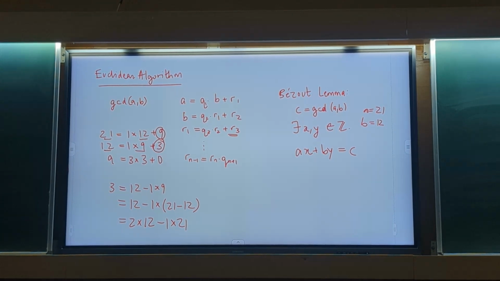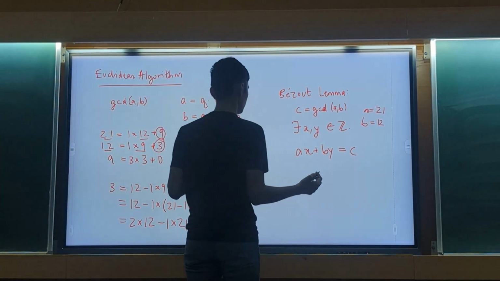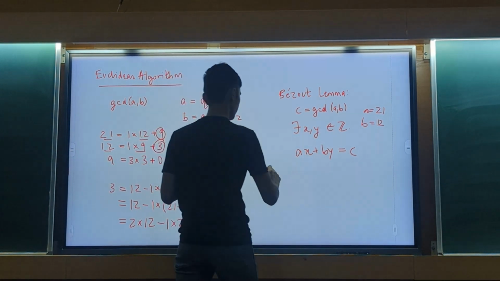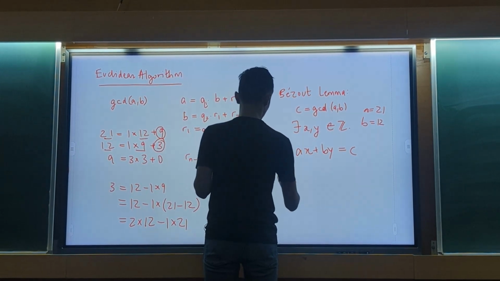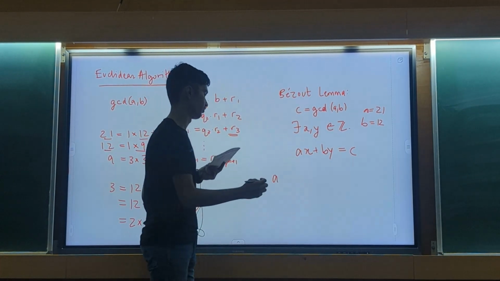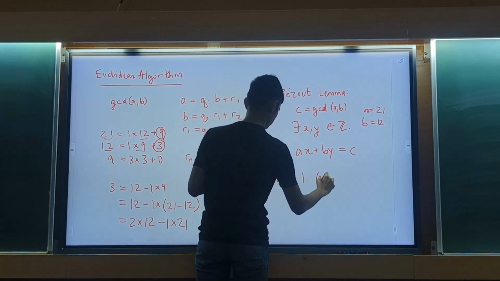And now since we have Bezout's lemma, we can find modular inverses. A modular inverse is defined as follows: if you have an integer a, then the modular inverse of a is an integer x such that ax is congruent to 1 mod n.